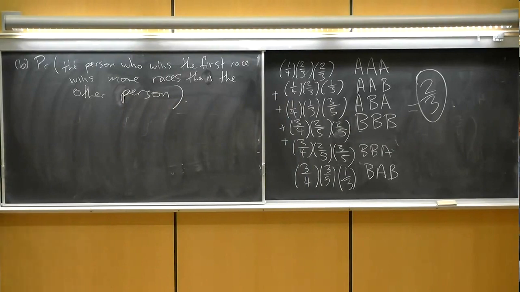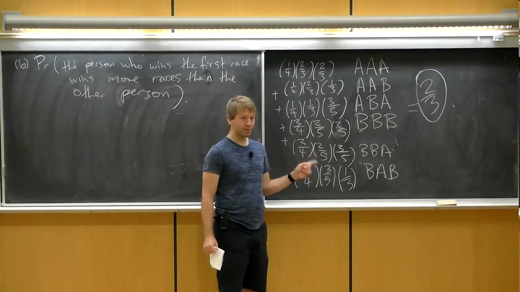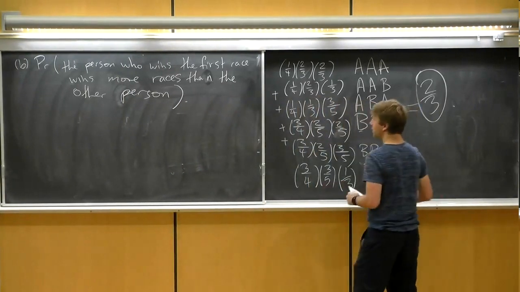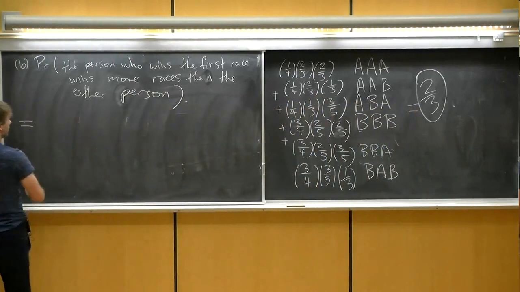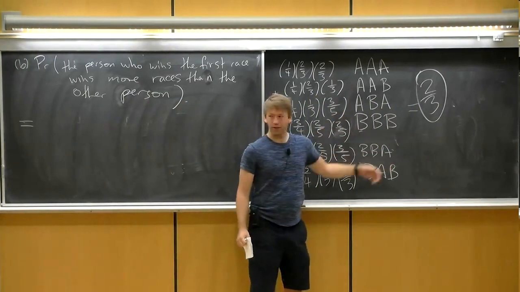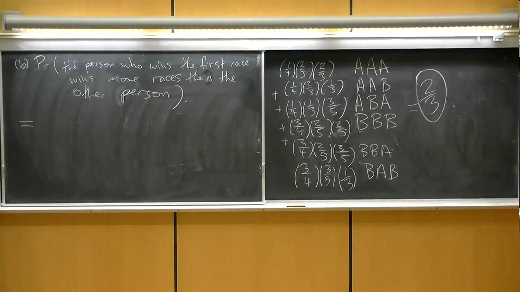Okay, now let me tell you that actually the way I computed this wasn't that smart. There was a smarter way to do it. Out of all the different things here, there are 8 possible outcomes, because each race can be Alice or Bob, and there are 3 races.